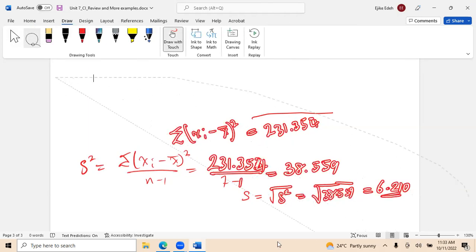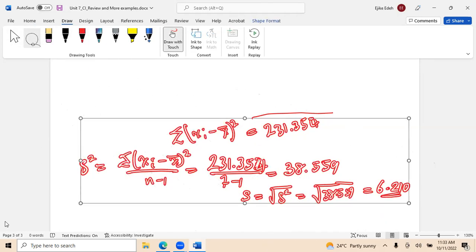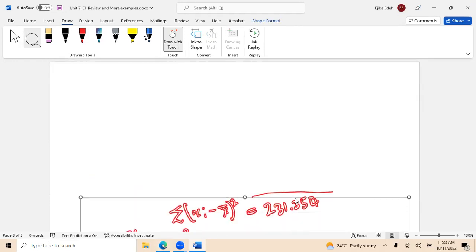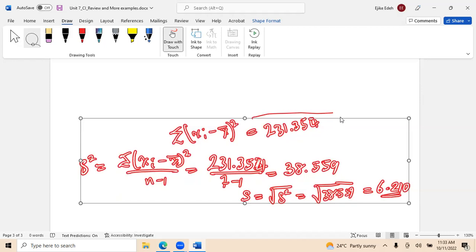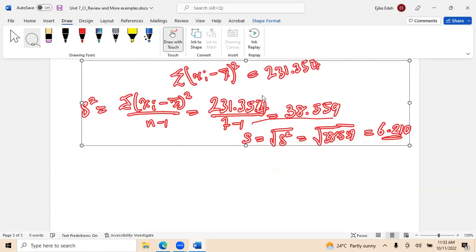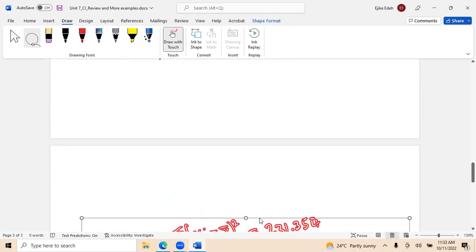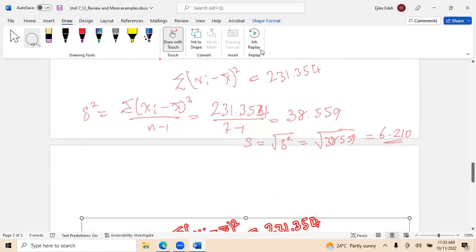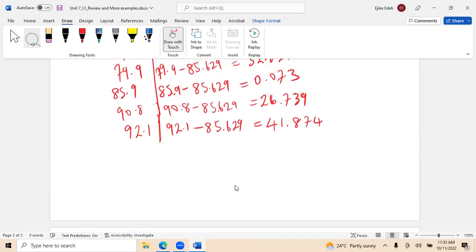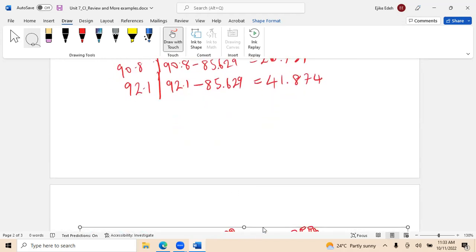Hopefully that works. It's not changing. Okay, let's see if I can move it to the next screen where it actually is.